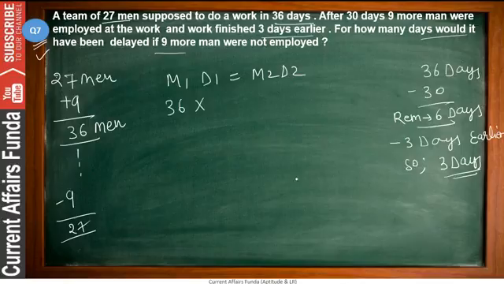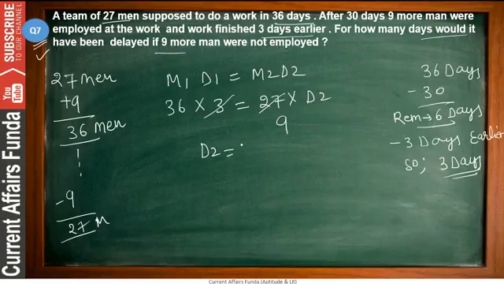Okay, so 36 into 3, it will be equal to m2. So basically, if 9 men were not employed, that means the men will be 27, and d2 you need to calculate. Okay, so we can calculate 3 nines and 9 fours, so d2 will be 4 days.